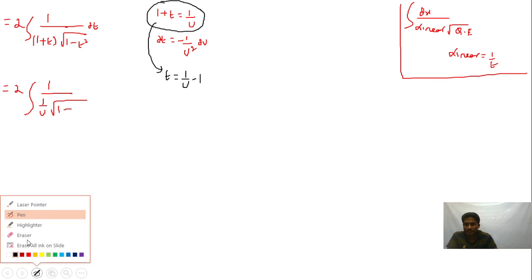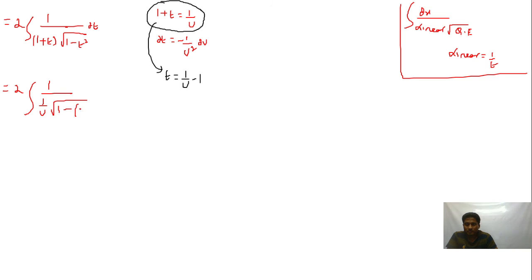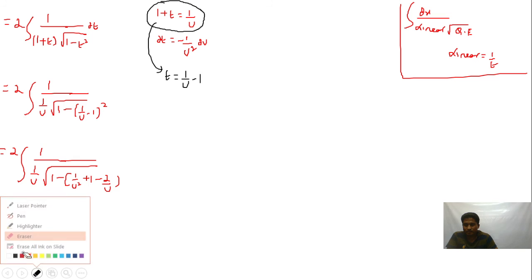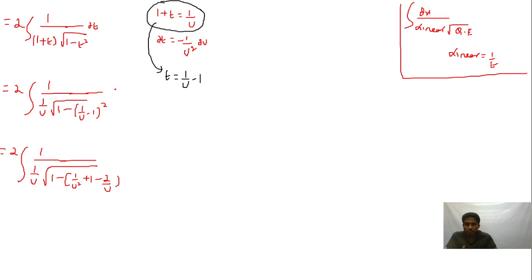So if I substitute here, you will get (1 by u minus 1) the whole square, and then this is dt. 2 times integration of 1 divided by 1 by u, root of 1 minus, a square plus b square minus 2ab, is 2 by u. This dt will be equal to minus 1 by u square into du.